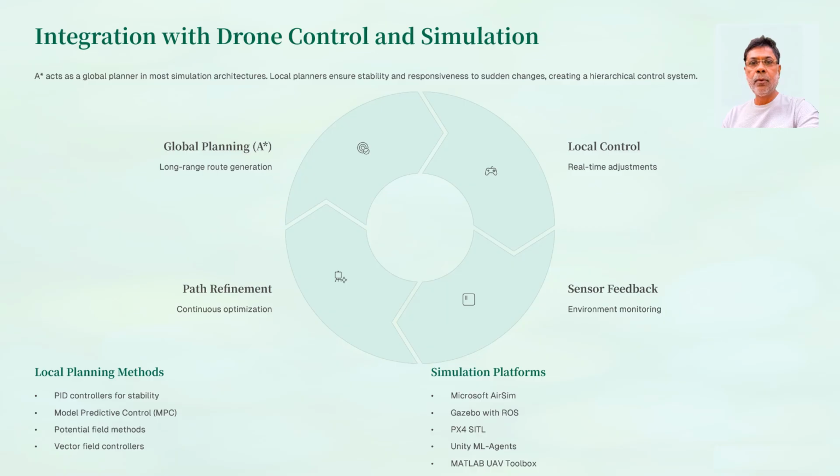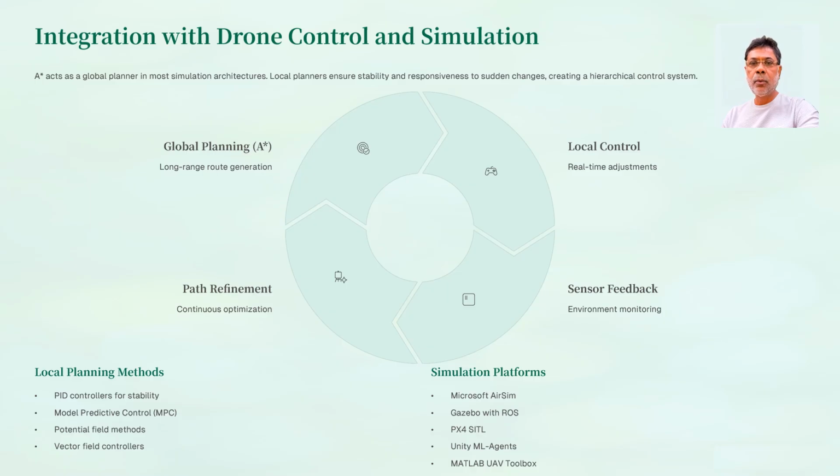A-star computes the overall trajectory, while local controllers manage motion and refine the path during flight. Common approaches include PID control, model predictive control, potential fields, and vector field methods. These systems are typically validated using platforms such as AirSim, Gazebo with ROS, PX4 and SITL, Unity ML agents, and the MATLAB UAV toolbox.